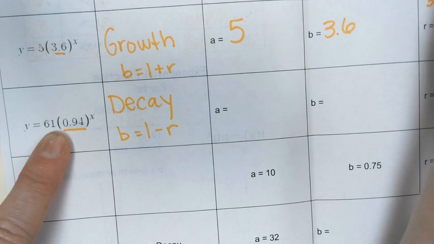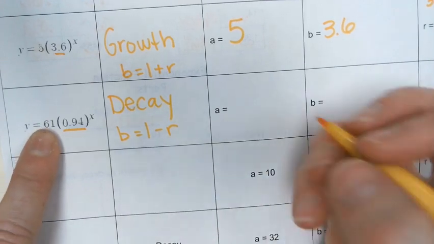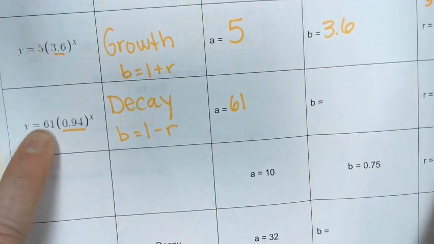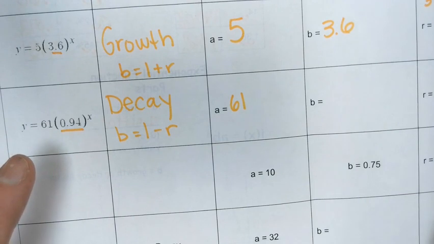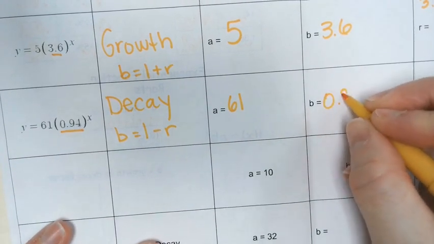We know what B is, but we need to know what the rate is. All right, A is the first number. Write it down. B, 0.94.